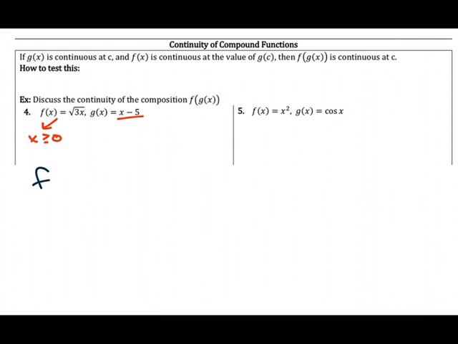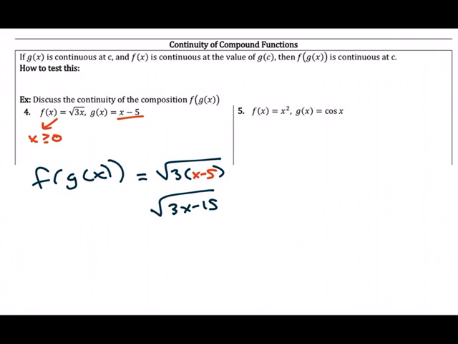Now let's actually figure out what f of g of x is. So if we plug g of x into f, this is going to become the square root of 3 times the quantity x minus 5, which is going to give us the square root of 3x minus 15. Now, any value that was continuous here or here potentially has an issue when we look at this function.